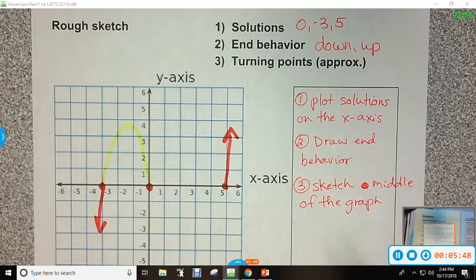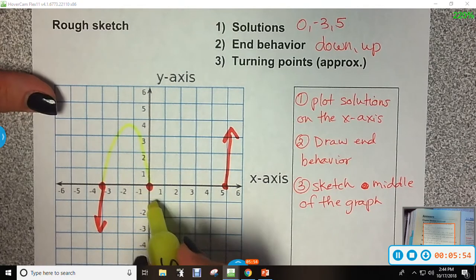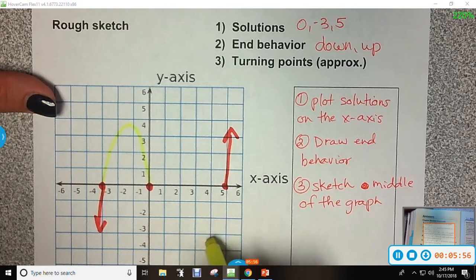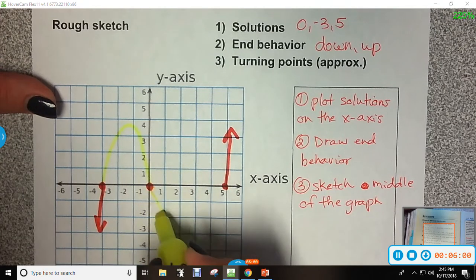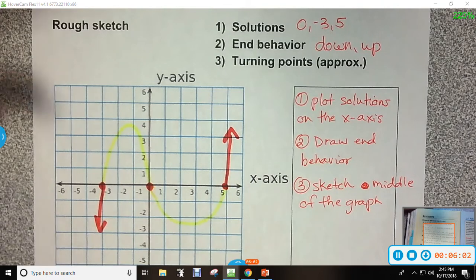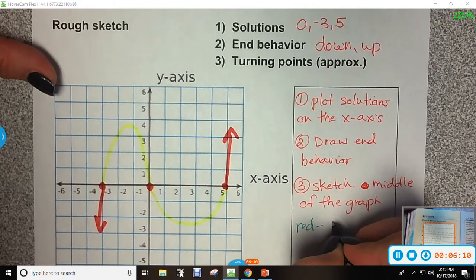It might go higher than that, it might not go that high. But from here, I've now got to go under the x-axis, turn around somewhere so that I can come back to this point. Okay, so if you're looking at my graph, the red is fairly accurate.